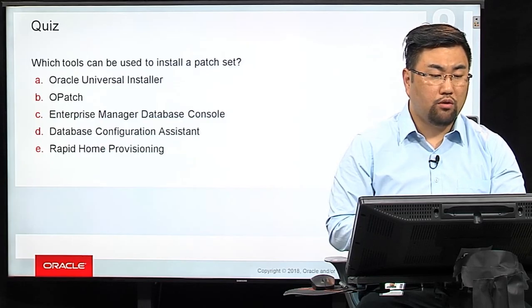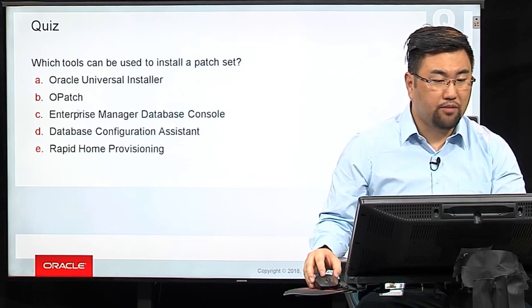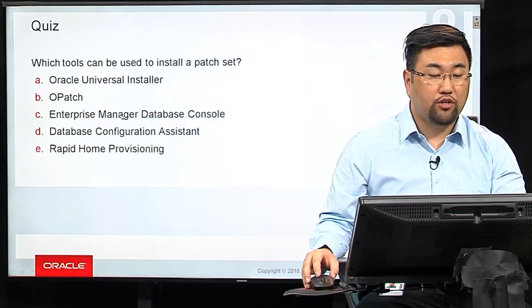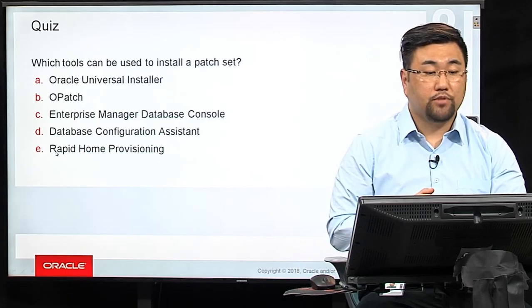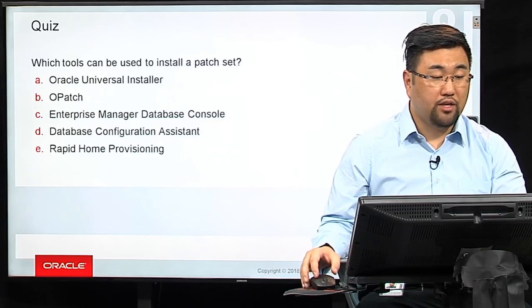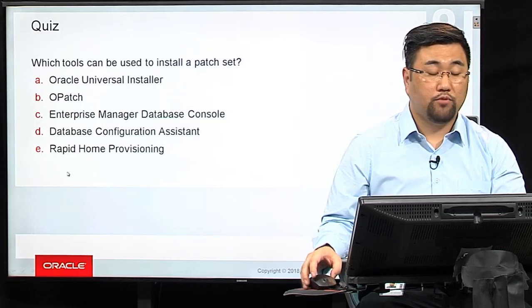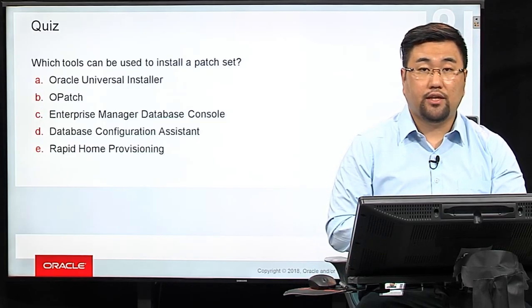Actually, I'd better say Enterprise Manager Cloud Control. So we have to change these two keywords to Enterprise Manager Cloud Control and Rapid Home Provisioning. After making the correction, the answer would be A, C and E. Okay, so this is for lesson 5.